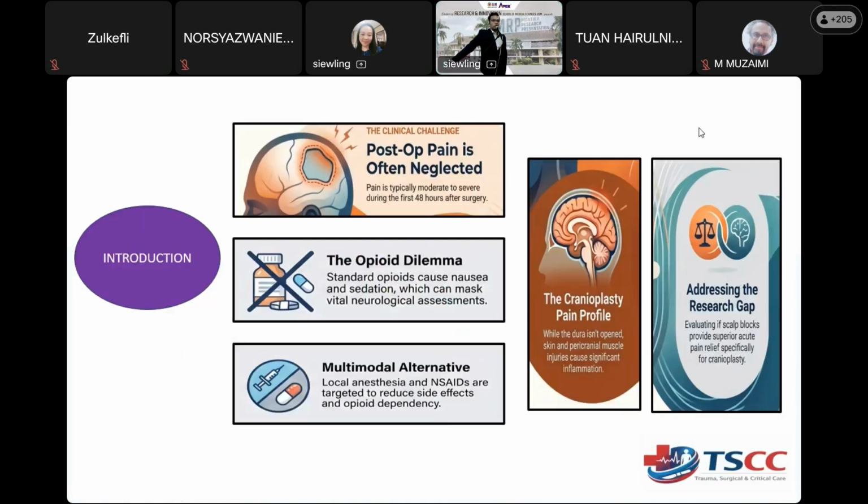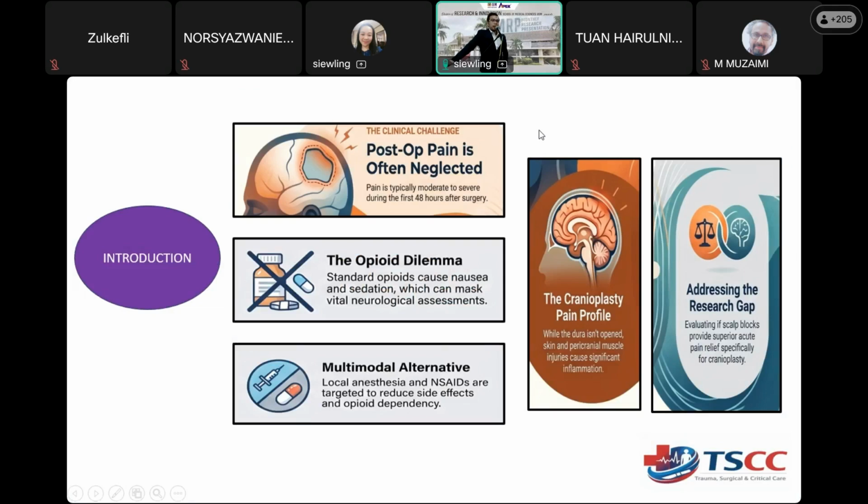As an introduction, cranioplasty pain is always neglected in terms of intensity. We usually think cranioplasty pain is light. But in fact, based on most studies, cranioplasty pain is moderate and can also be severe, especially in the first 48 hours after surgery.